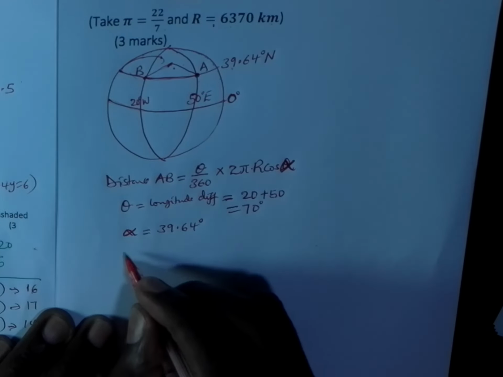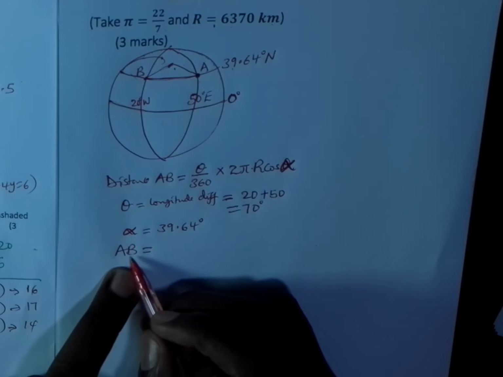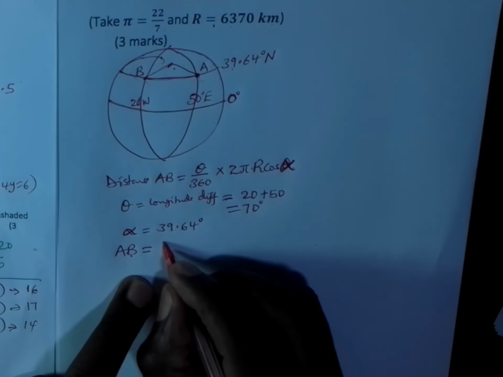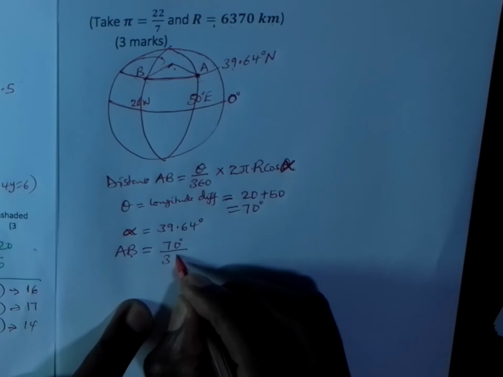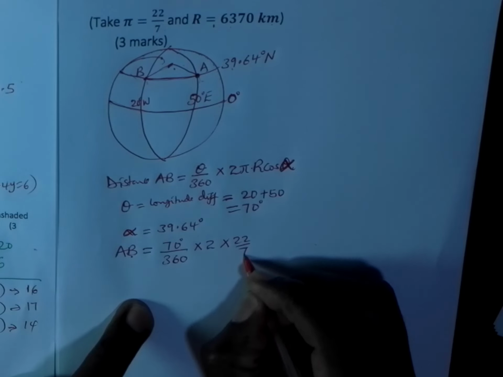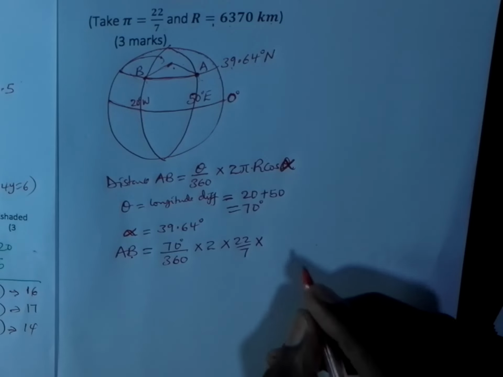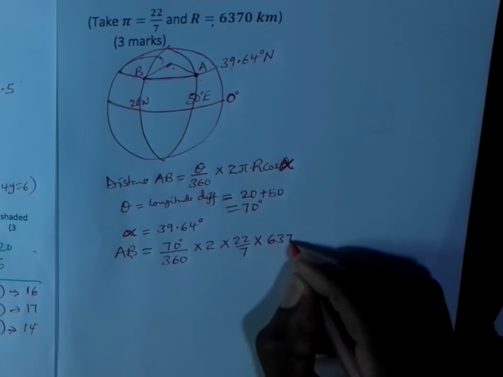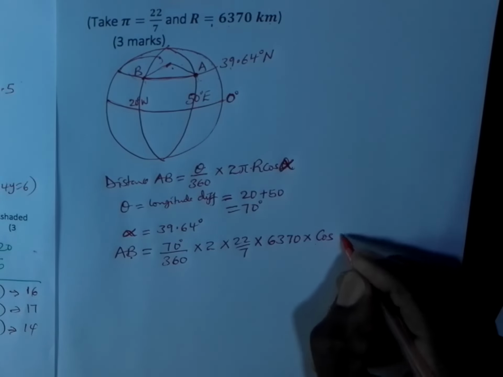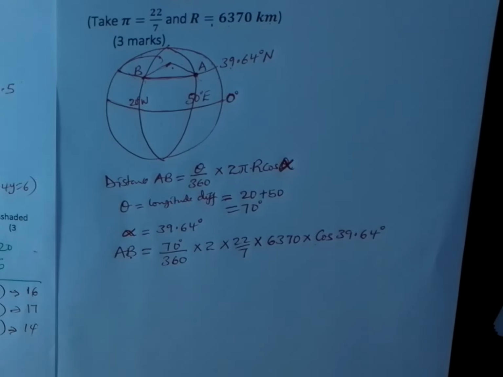So we substitute and get the arc, the distance covered by the aircraft. So that is the arc AB. It will be theta, 70 degrees over 360, times 2 times 22 over 7, times r, which is 6370, times cosine alpha, and that angle is 39.64 degrees.